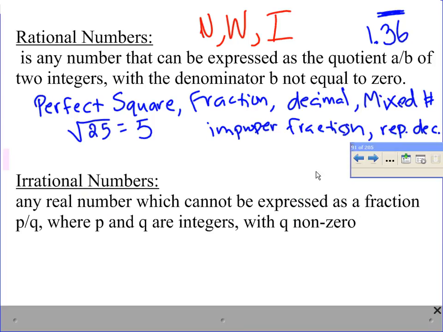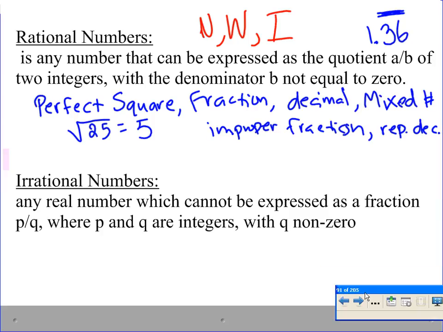Yeah, makes no sense. So here is the confusing definition from the book, which I want you to write down, and then I'm going to explain it. Irrational number: any real number which cannot be expressed, on page 13 of the notes, as a fraction of p over q, where p over q is a fraction and the denominator cannot be 0.